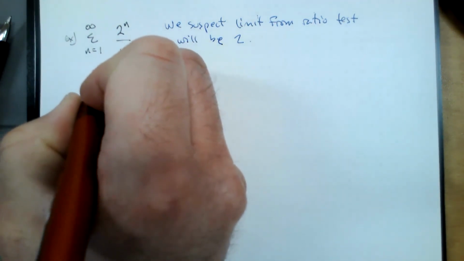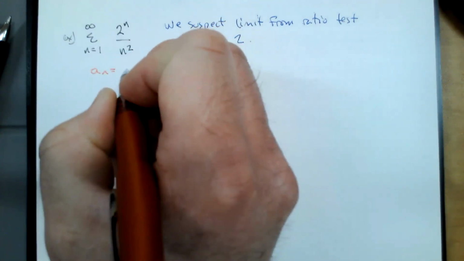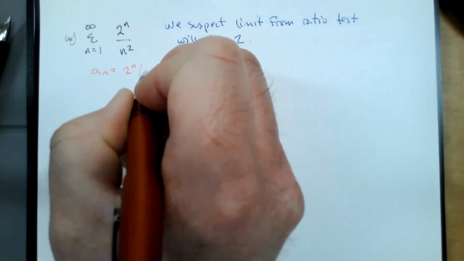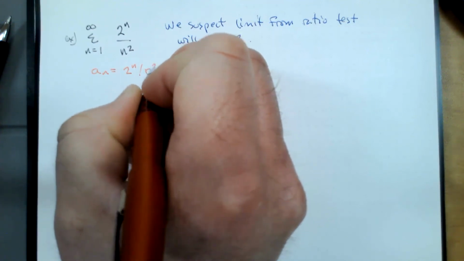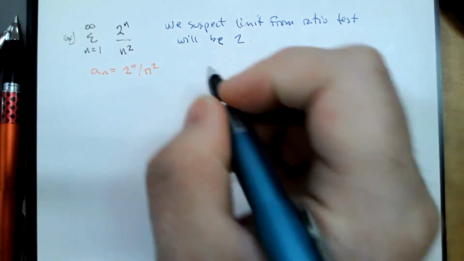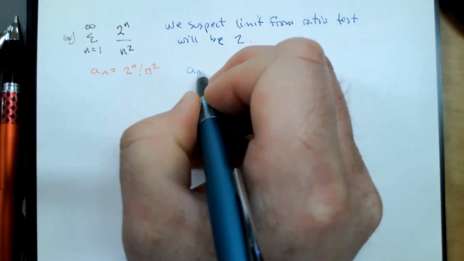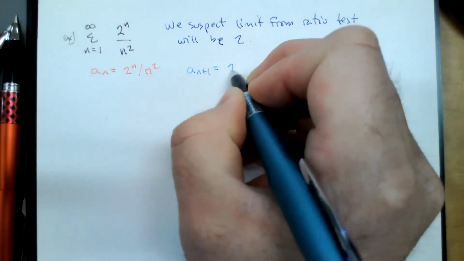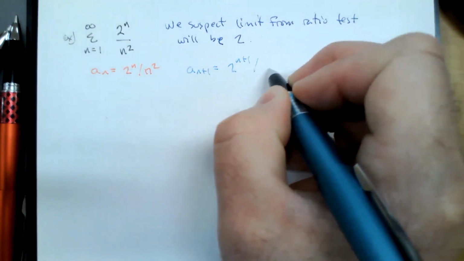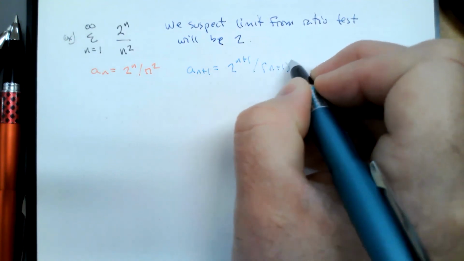a_n is 2 to the n over n squared. a_(n+1) is 2 to the n plus 1 over n plus 1 squared.